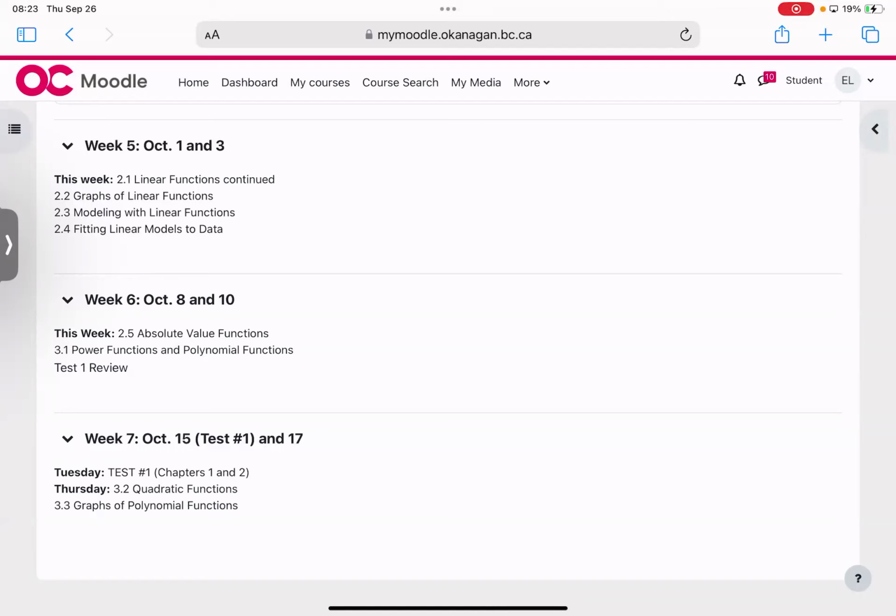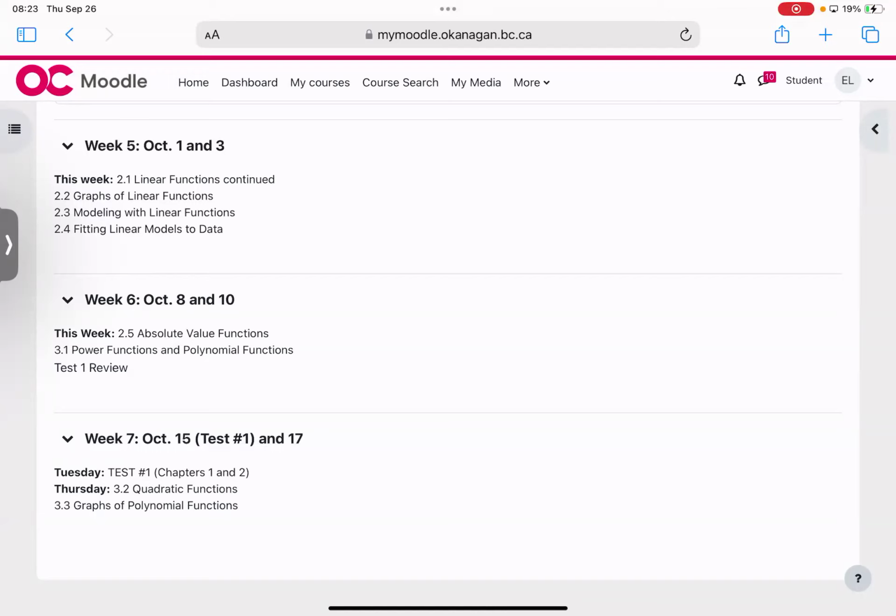Test 1 will only be on chapters 1 and 2. And so we'll see if we kind of start chapter 3 or not. But I've also got the test 1 review on probably the 10th. And then you've got your test 1 on October 15th. And it's just on chapters 1 and 2. The whole class? Yeah.